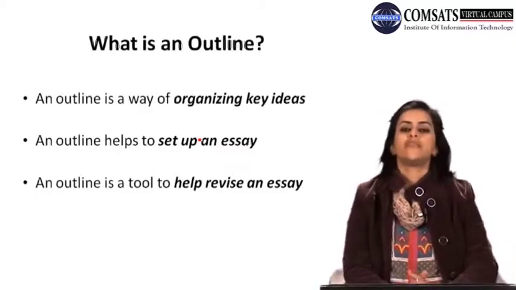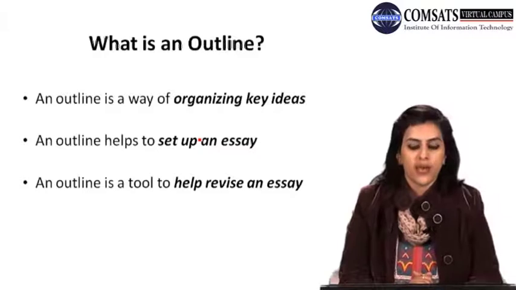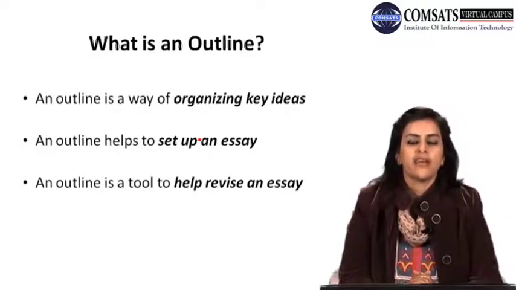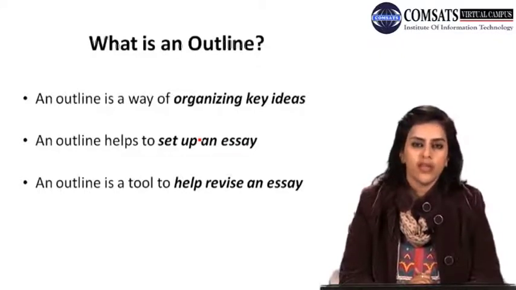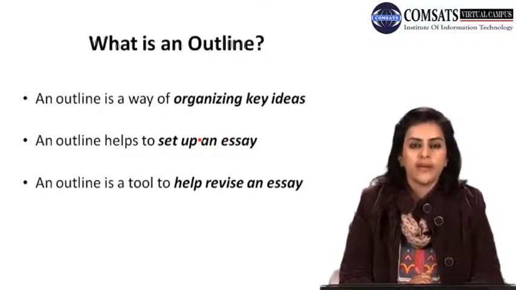To begin with, we will see the definition of an outline. So what is an outline? It's a way of organizing key ideas. Once I give you a particular topic and ask you to make an outline for it, it means that you are organizing your key ideas on a piece of paper.